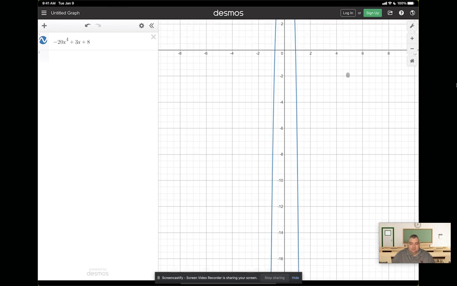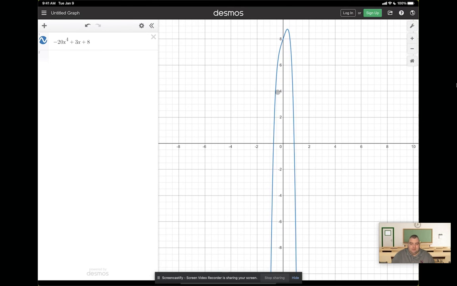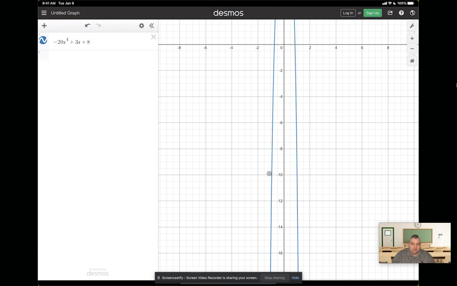Once again, let me reiterate what I said before. The end behavior does not tell me what happens in between, so it's not going to help me with how things go here. It's only going to help me with the bookends. What does it do as x gets really, really small, and what happens as x gets really, really large? In this case, y goes down to the left and down to the right.